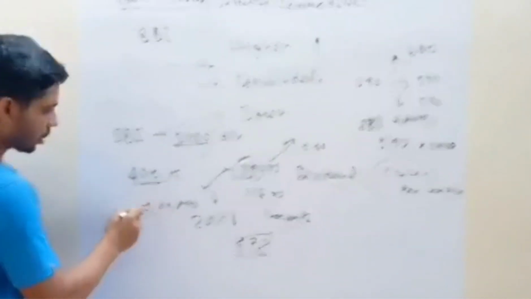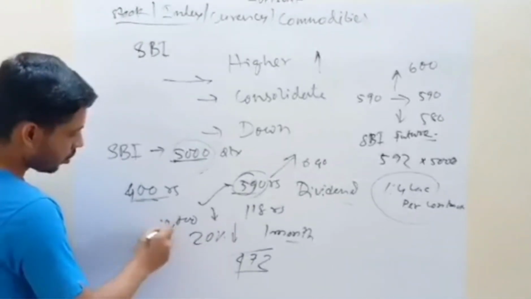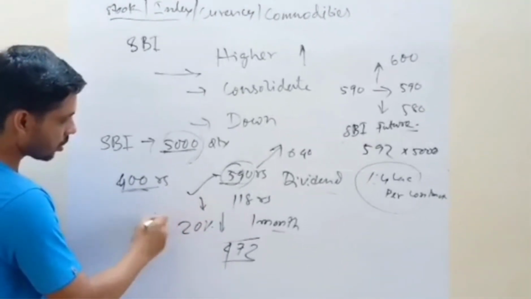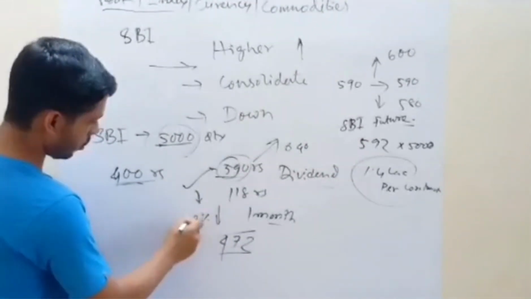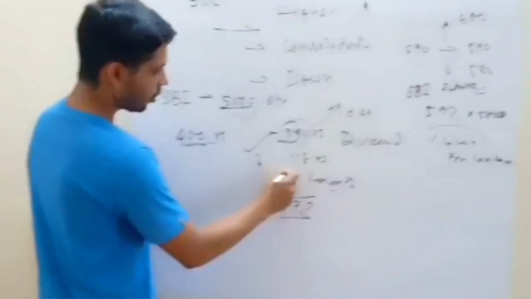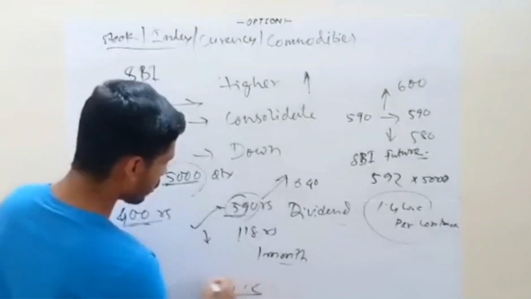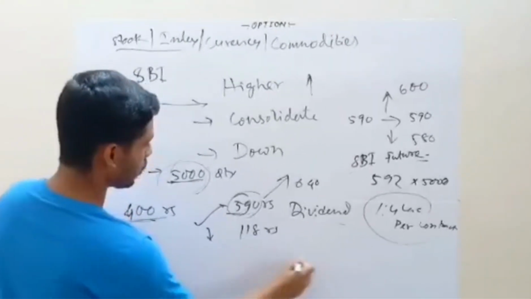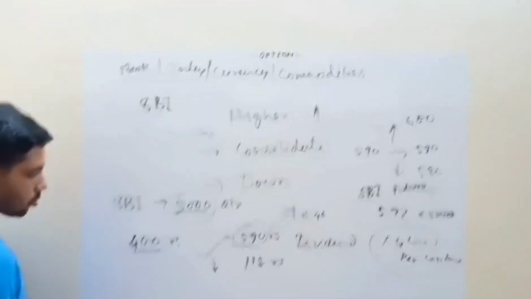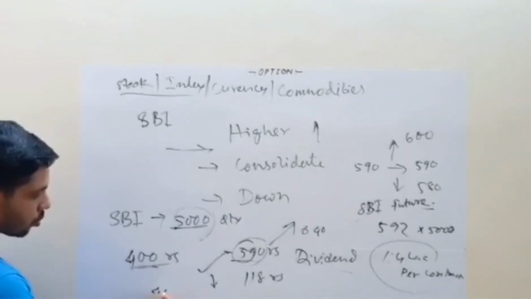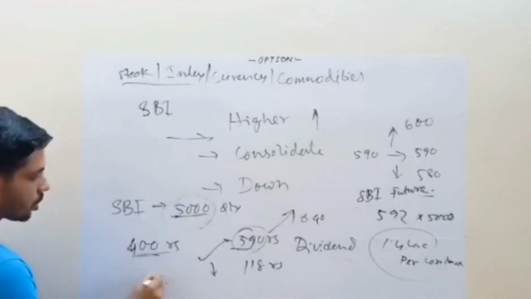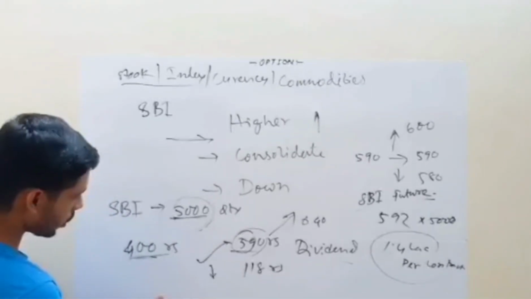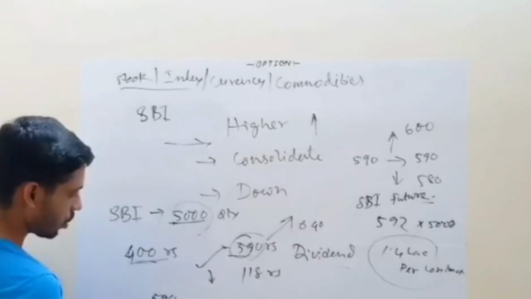As per the exchange, you have to create the contract for a particular price. For example, in the case of SBI, the current market price is 590, and there will be multiple prices for which you can take the contract.